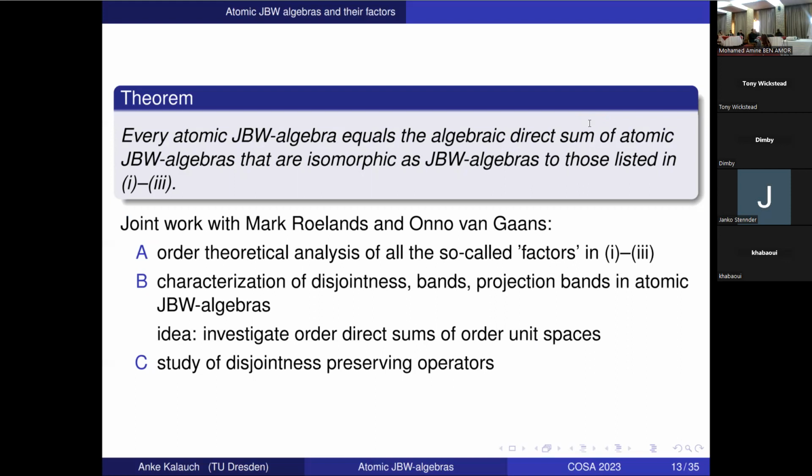Those are called factors. And this motivated the project. We wanted a theorem similar to the anti-lattice theorem of Kadison, but now for atomic JBW algebras. That means one has to investigate all these different factors and see what happens there.